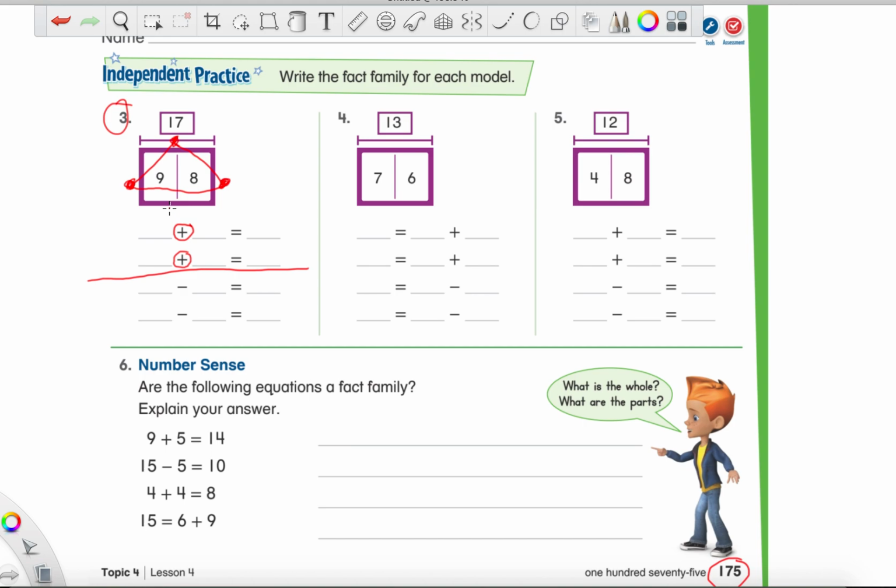Alright, if you're still working on it, hit the pause button, take your time. If you're already done, let's go over your work, make sure you're doing it correctly.